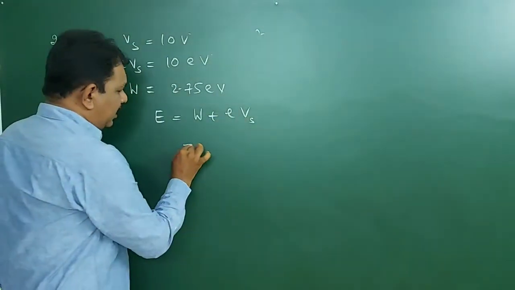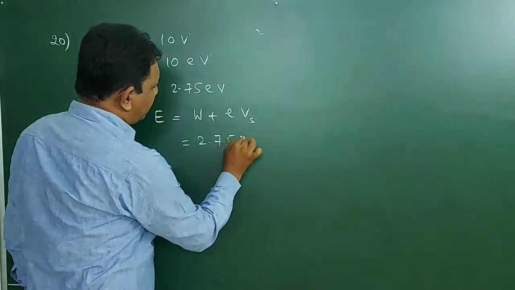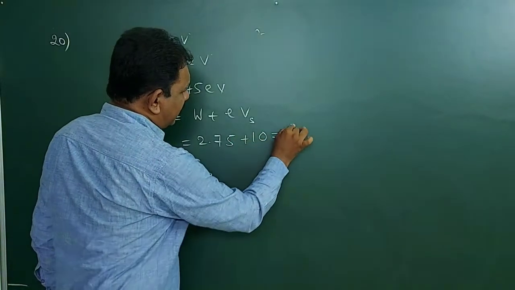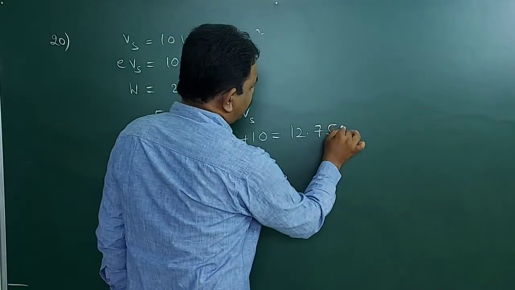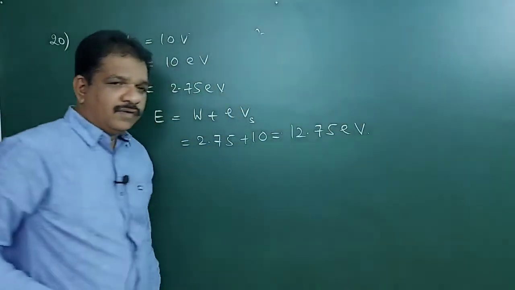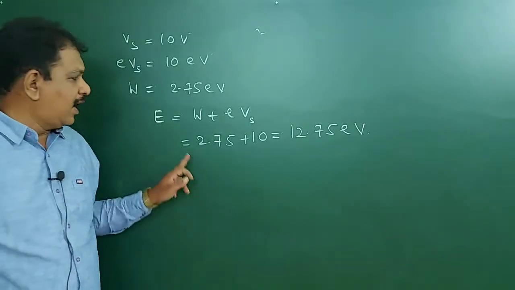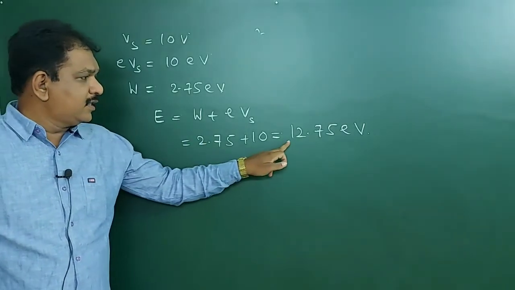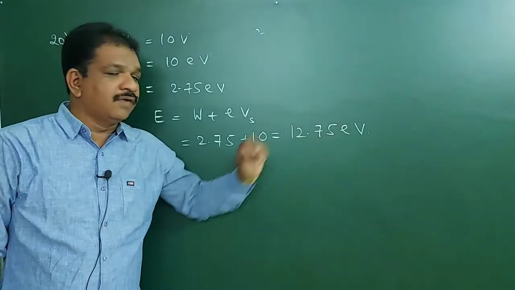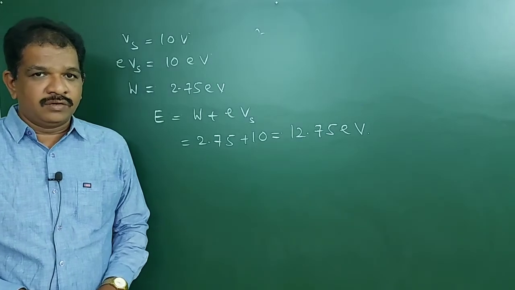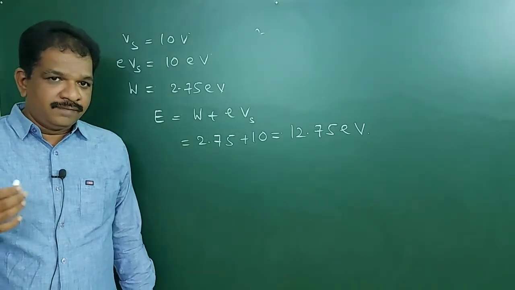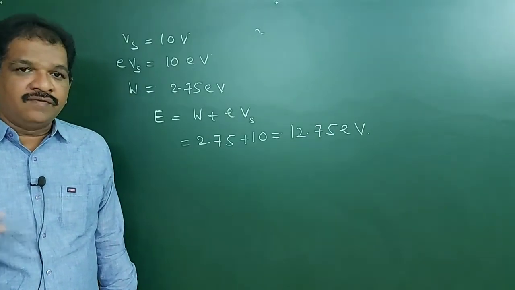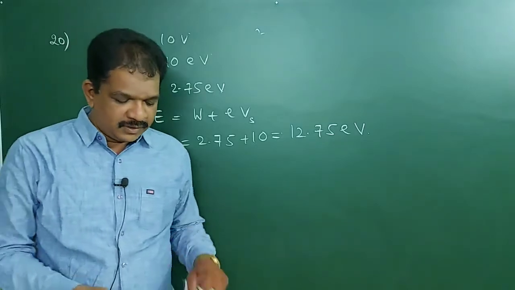Here W value will be 2.75, and this is 10. So incident light will have an energy of 12.75 electron volt.